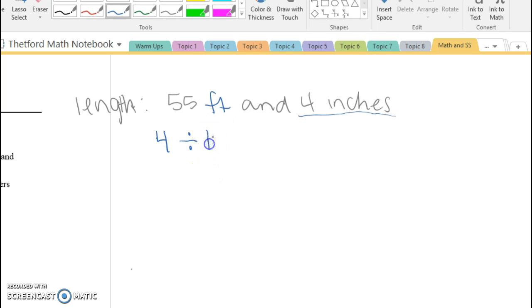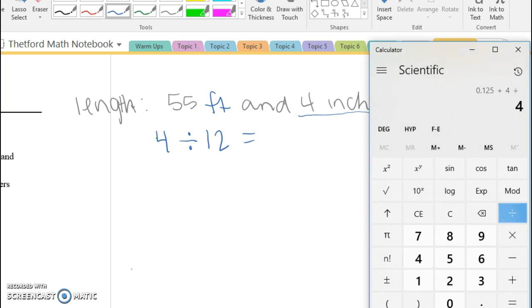So we need to divide our 4 inches by 12 to see what it would be in feet. So we do 4 divided by 12, and we get 0.3 repeating.